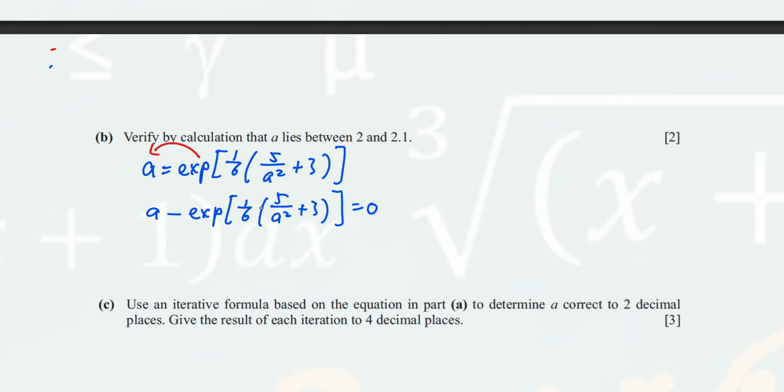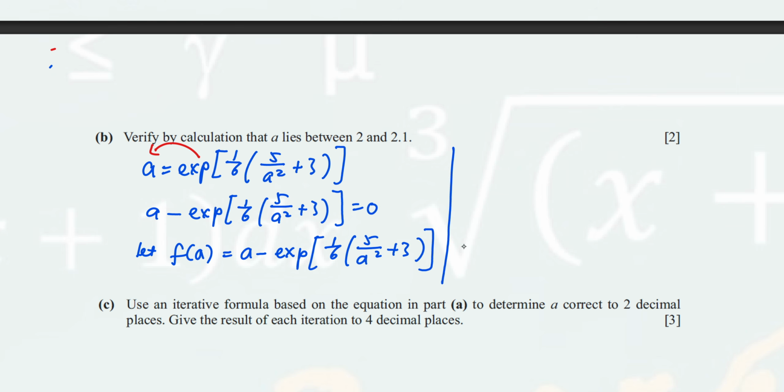Then I will let all the terms on the left side be f(a). Now replace the a by 2 and 2.1 and calculate the values.